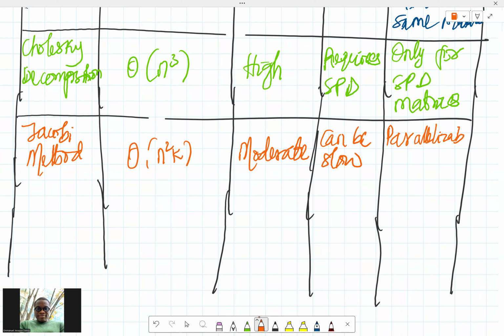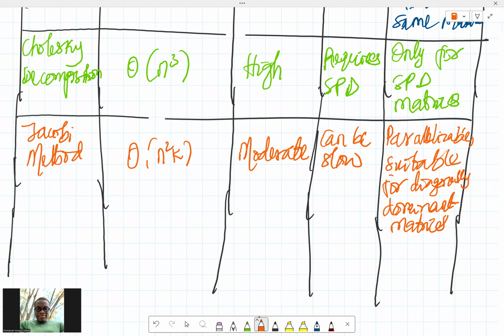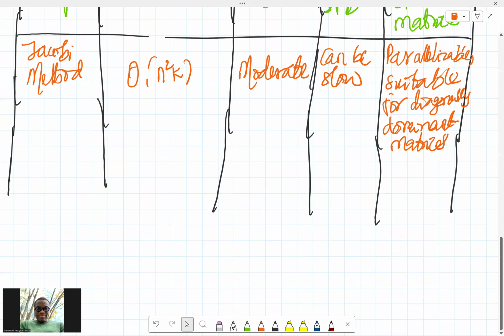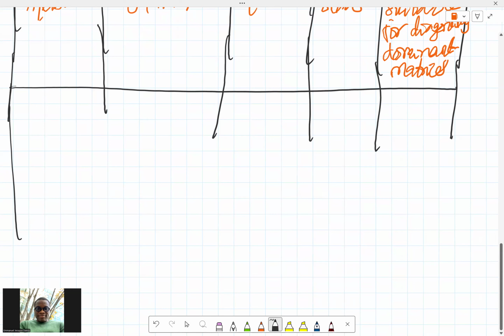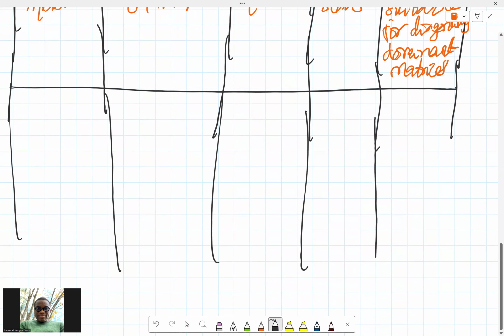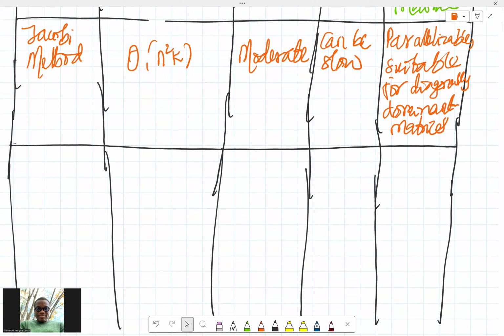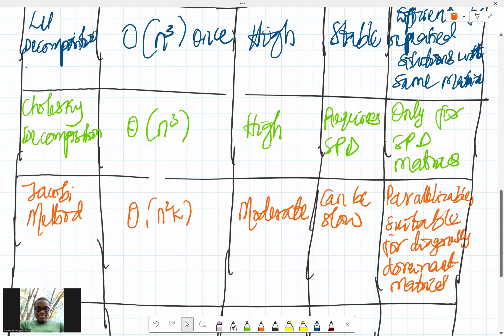Then that's about Jacobi. Then we go for the Gauss-Seidel method.